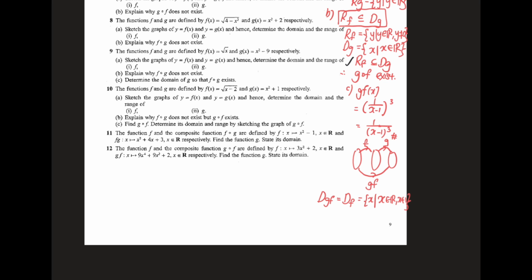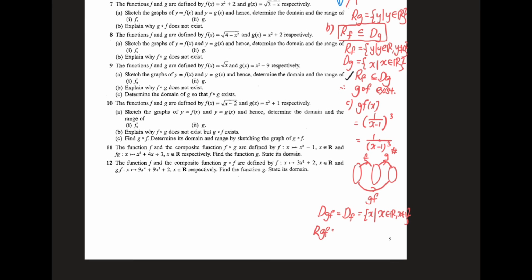Now the range. For the range of gf, like what we discussed before, you look at the arrow diagram. The range is here because the composite function maps to here. This is at the same time the range of g, which we have found.